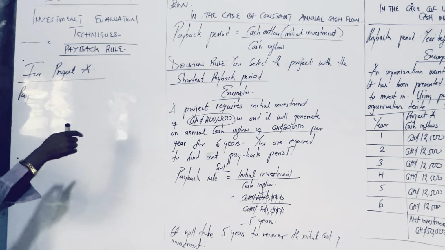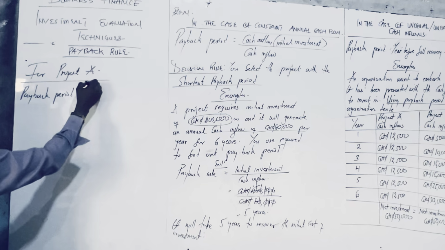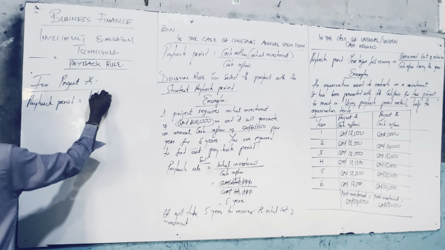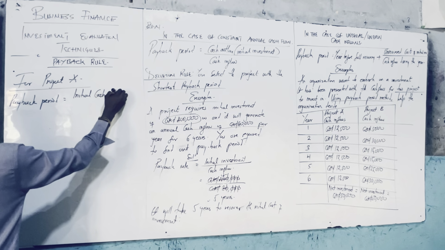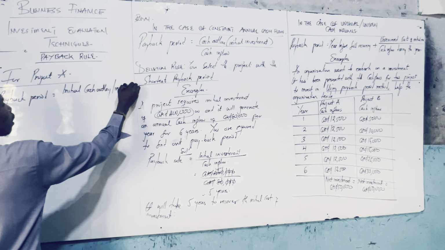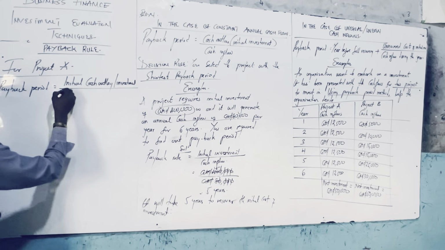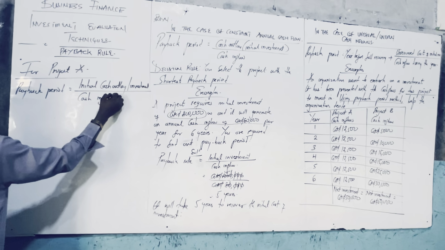So for Project A, since we have a constant cash inflow, we say our payback period is our initial cash outlay, meaning initial investment, over the annual cash inflows.